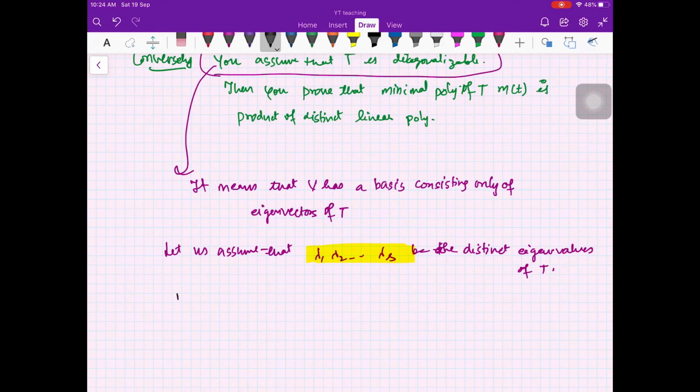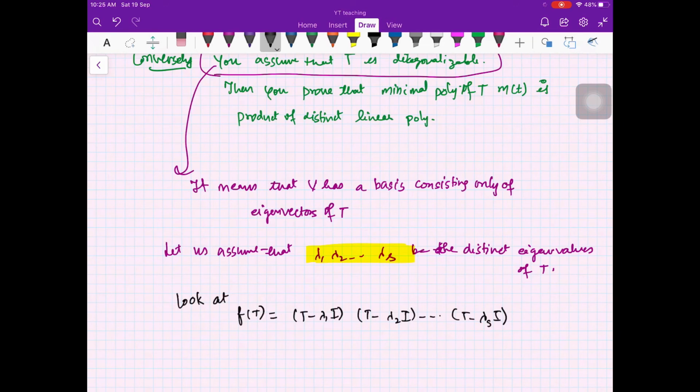Okay, then look at the polynomial f(T) = (T minus lambda 1 I)(T minus lambda 2 I)...(T minus lambda s I).